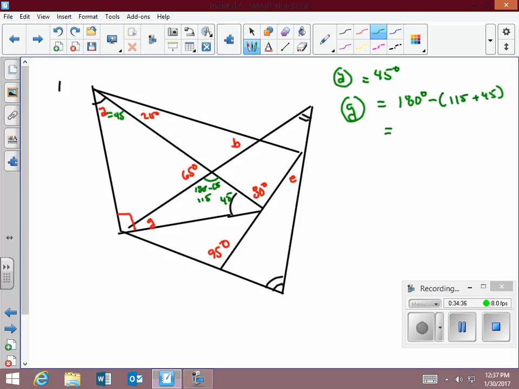So that's 160. That's 20, right? Is that right? 20's right. So we got A and G.